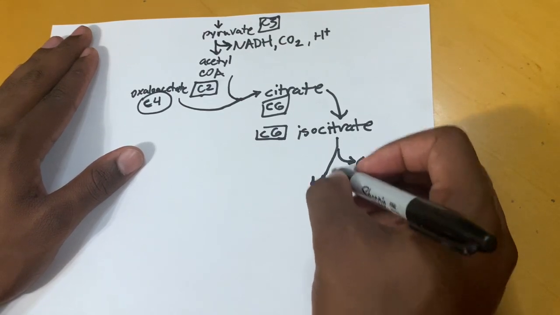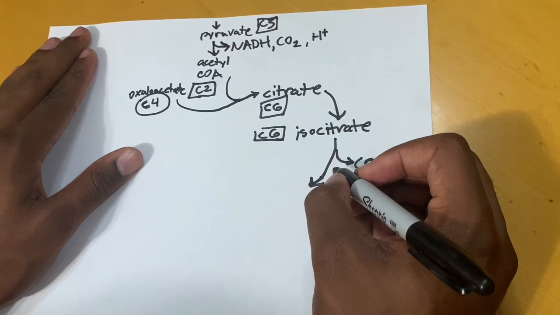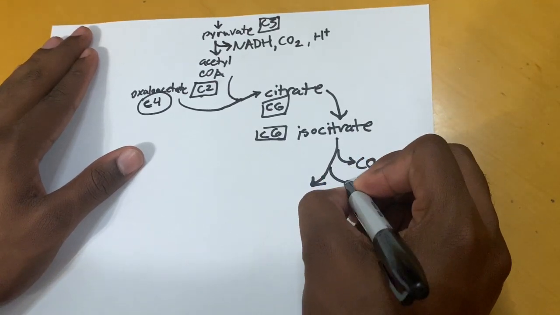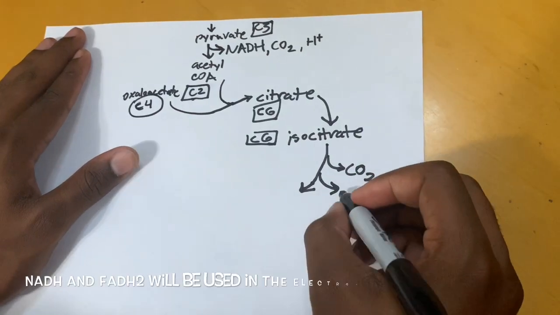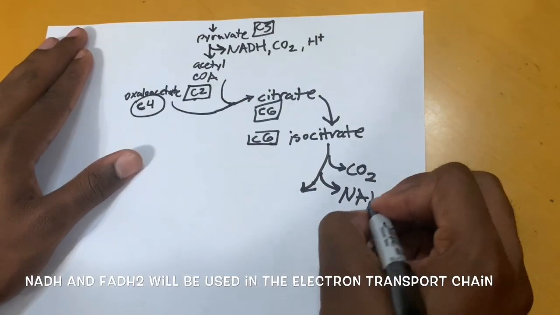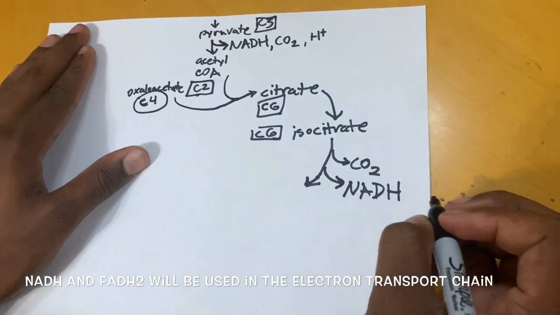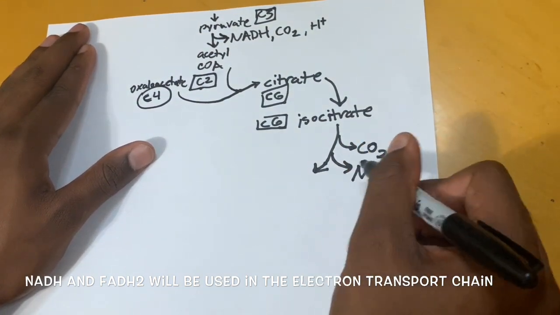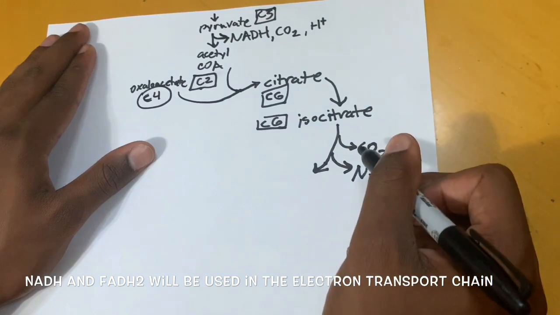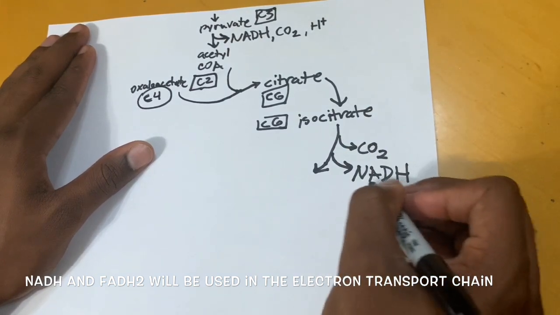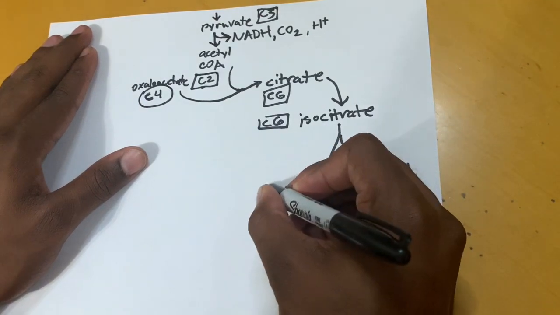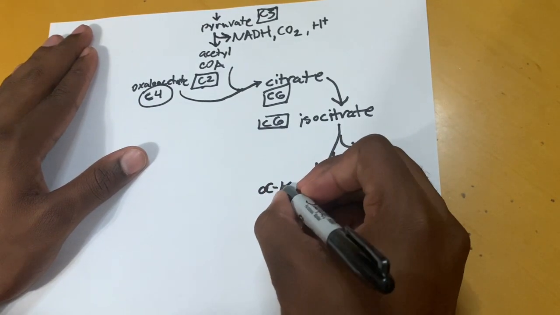When we say nah, that's synonymous with the electron carrier NADH, because NADH looks like nah. And you can tell that this step is an electron acceptor step based on NADH. So isocitrate is going to become alpha ketoglutarate.